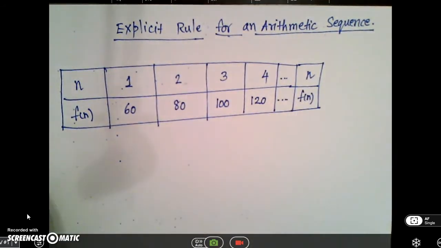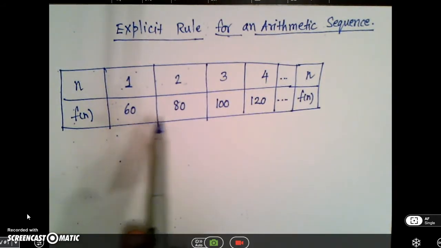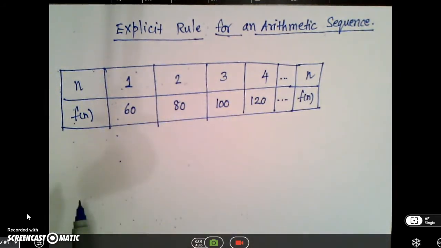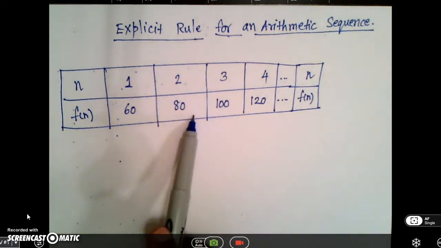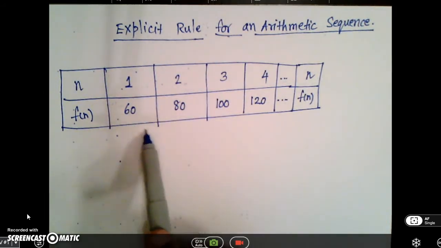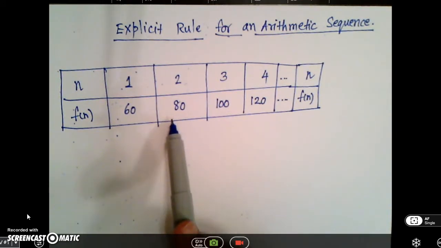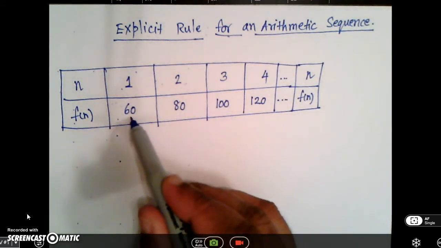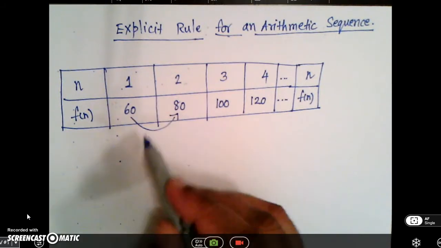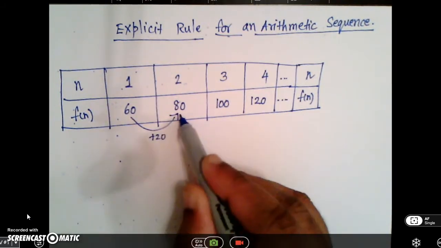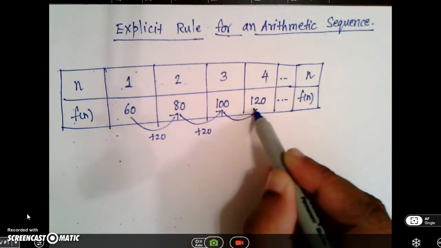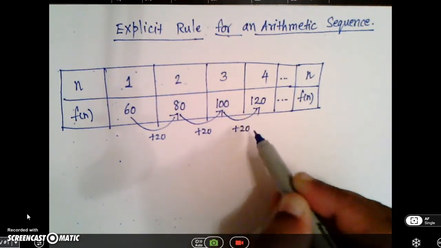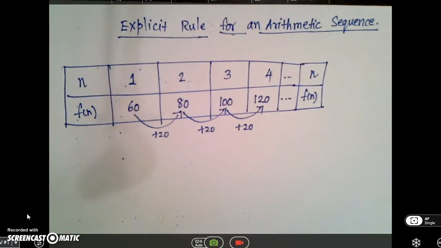I can see clearly that this is an arithmetic sequence because the consecutive terms have a common difference. We know that difference is plus 20.